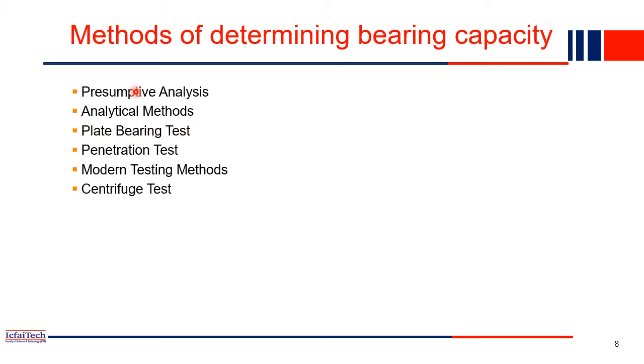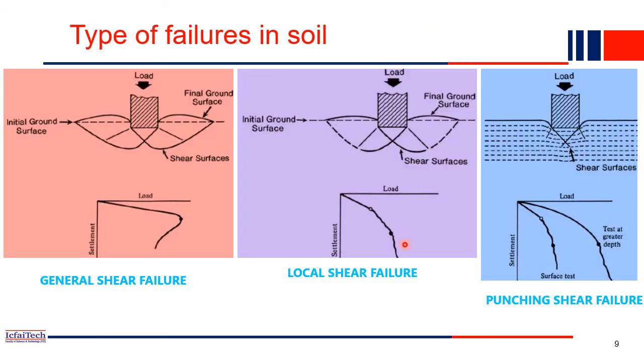These are the different methods using which you can find out the bearing capacity of a soil: analytical methods, the plate bearing test, penetration test, modern testing methods, centrifugal test, and presumptive analysis. All these are methods for finding out the bearing capacity of a particular soil.